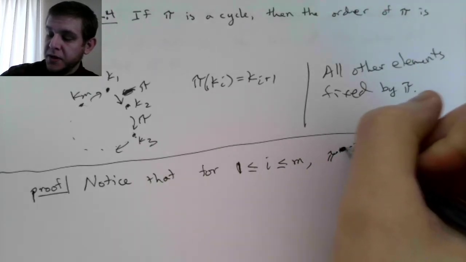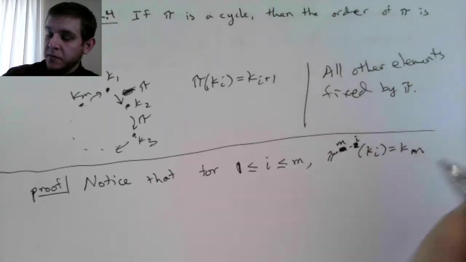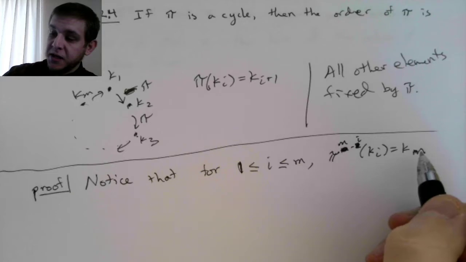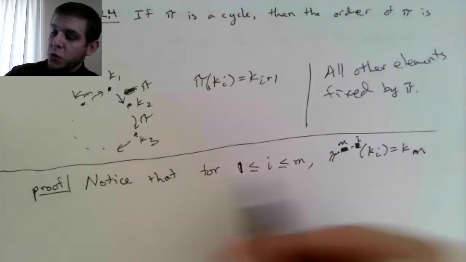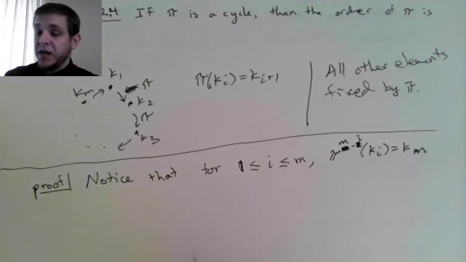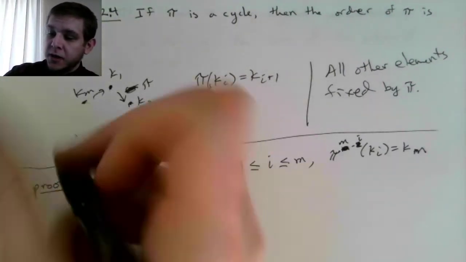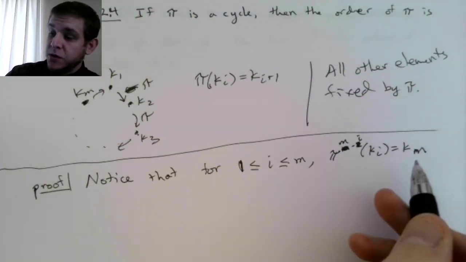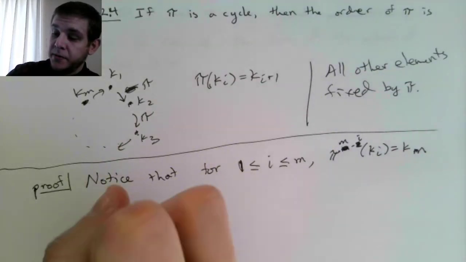Sorry, this should be m minus i. Let me make sure I get my indices right here. Well, let's actually prove this by induction, right? And we can check the induction case. We'll prove it first for i equals m. So when i equals m, this is pi to the 0 of km equals km.